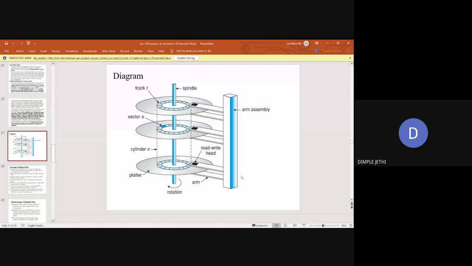Okay, so all these read and write heads are attached to this arm assembly. Now suppose your data is here on this track and this sector number. You have to rotate your platter so that this sector comes under this read and write head. Is it clear?